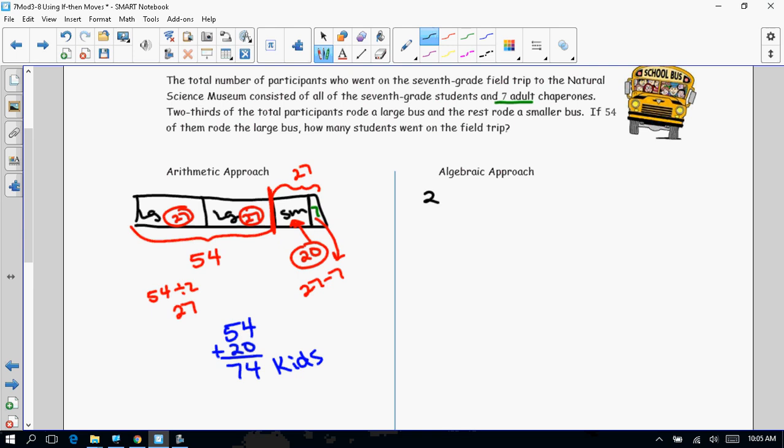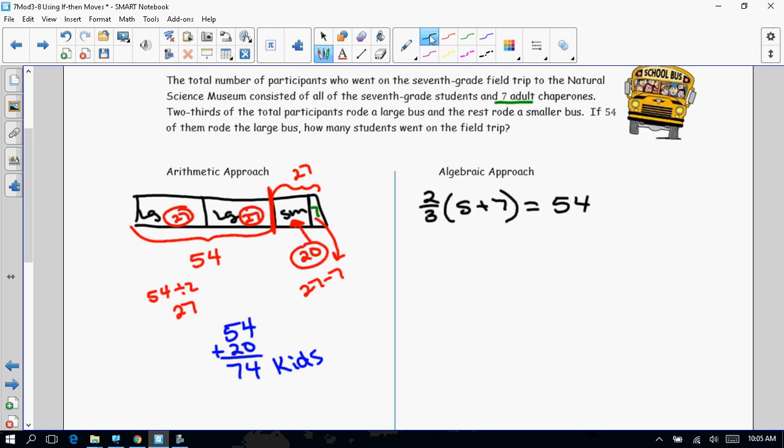I know that 2/3 of all of the kids were on a bus. A bus is the small bus plus the 7 adults. And I know that that large bus equals 54 kids.